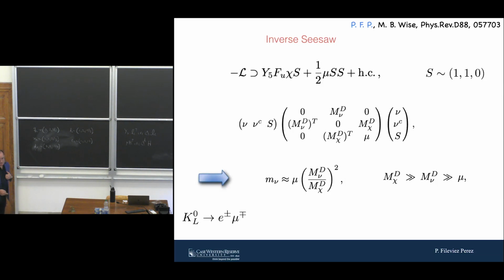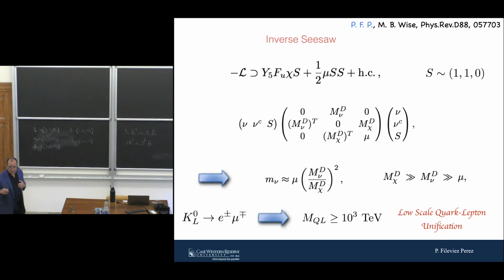However, not too fast, because there are rare processes that tell you that these Pati-Salam leptoquarks that live in SU(4) give you a lower bound that is around 1000 TeV. Then the quartet unification is happening at, let's say, 1000 TeV. Maybe some of the fields could be lighter and can be produced at the LHC or other colliders. But generically speaking, you cannot go below 1000 TeV.